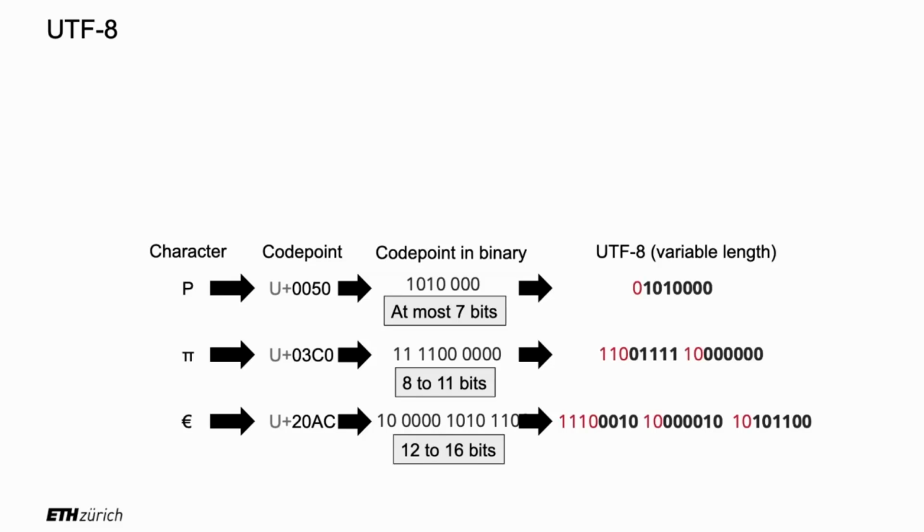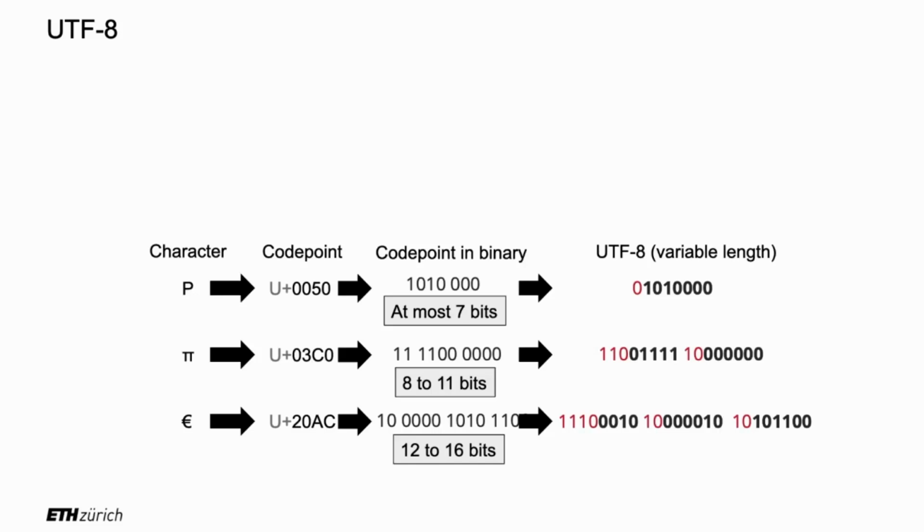In fact, it exactly coincides with ASCII. If you only have characters in the first 127, then it exactly matches ASCII. So when you open a document, either ASCII or UTF-8, you will see the same thing.